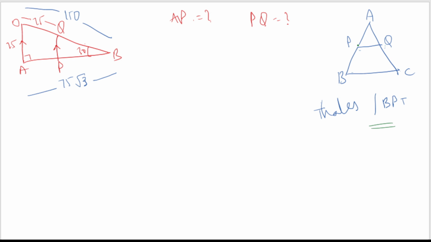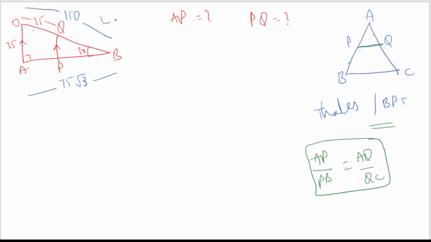What is this theorem? If a line is drawn parallel to one side of a triangle, it intersects the other two sides in the same ratio. That is, AP by PB is equal to AQ by QC. The ratios will be the same.